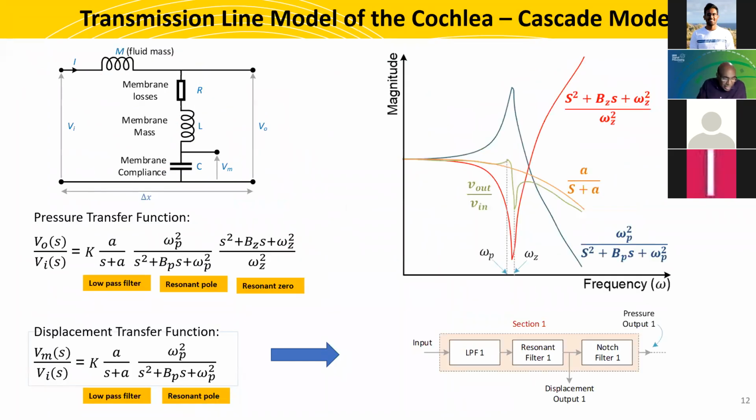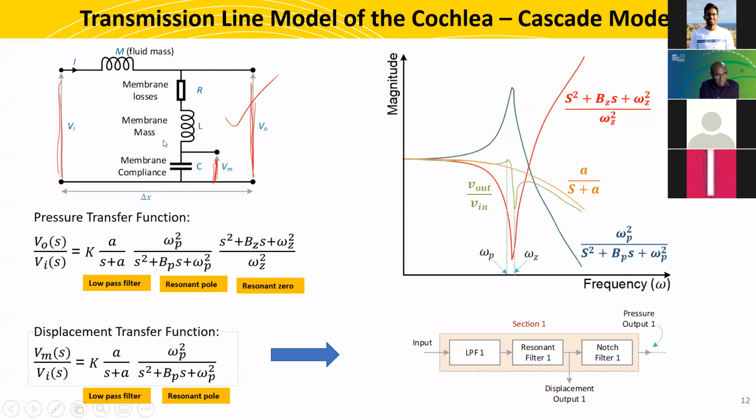So we take one section of the basilar membrane, and we write the transfer function for this. This is the input, the pressure input, which is proportional to voltage. This is the output, the pressure output. And the membrane displacement is at the output of the capacitor.